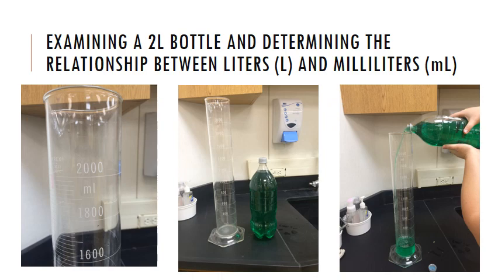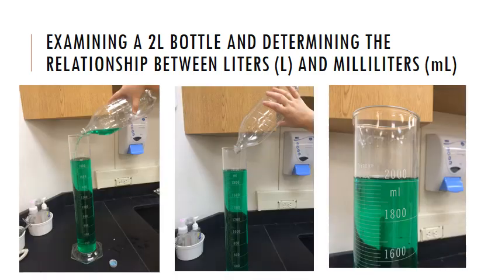So we are familiar with a 2-liter bottle and how much soda it holds, but how does that compare to milliliters? In the pictures, you can see the colored water being poured from a full 2-liter bottle into the graduated cylinder to see how many milliliters it is. As you can see, the bottle fills the graduated cylinder to the 2,000 milliliter mark.